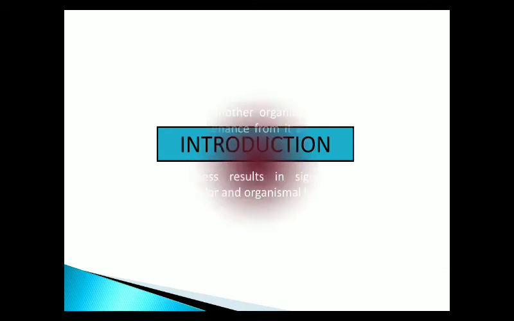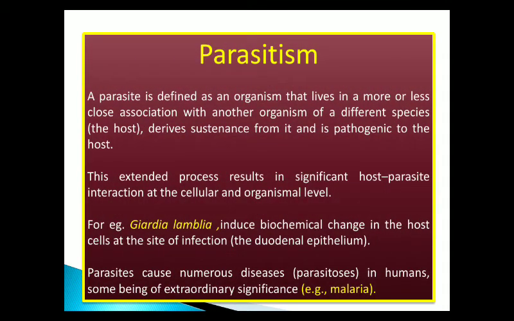First is introduction. First, this term is parasitism. We should know about the parasitism thing. A parasite is defined as an organism that lives in a more or less close association with another organism of a different species that is called host and derives sustenance from it, and it is pathogenic to the host.